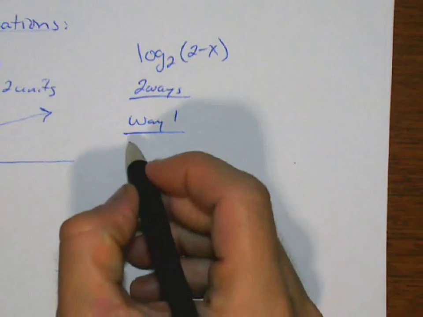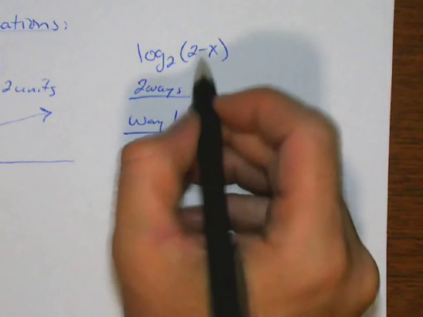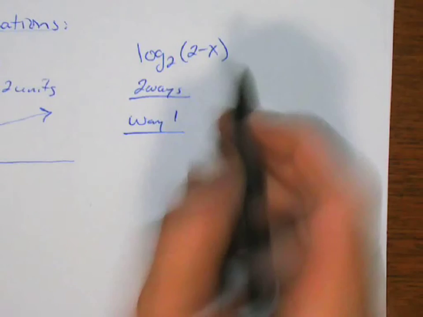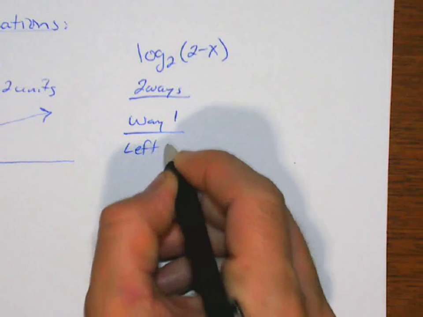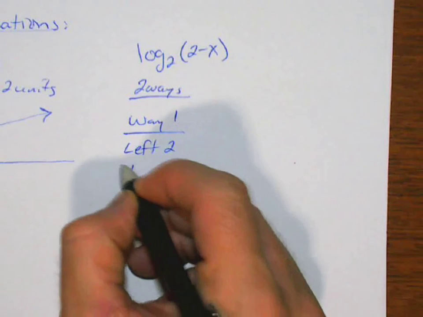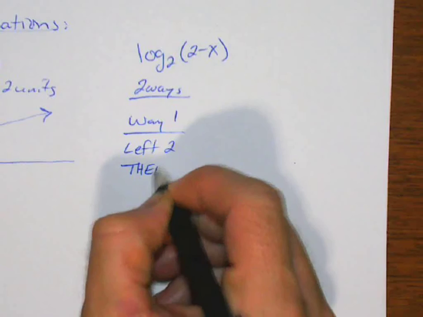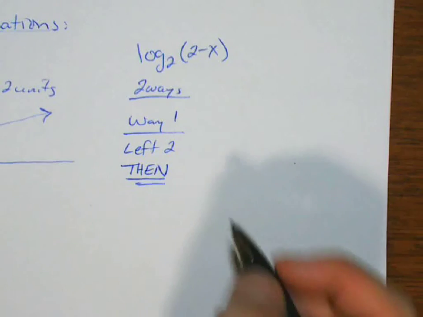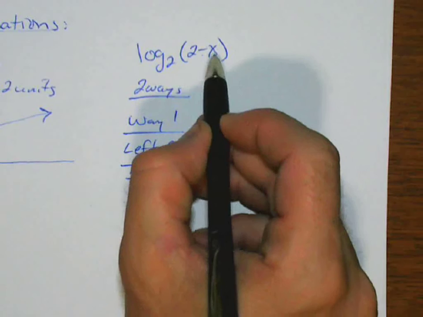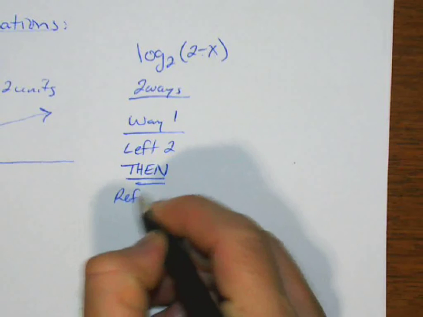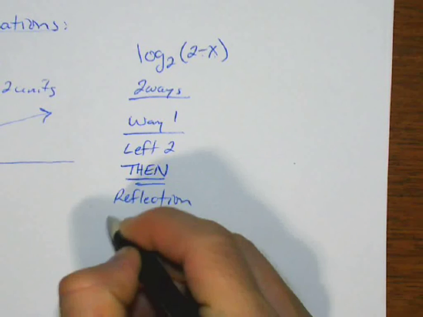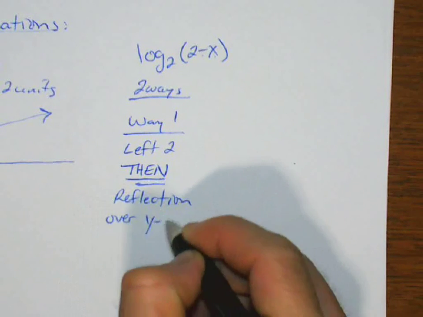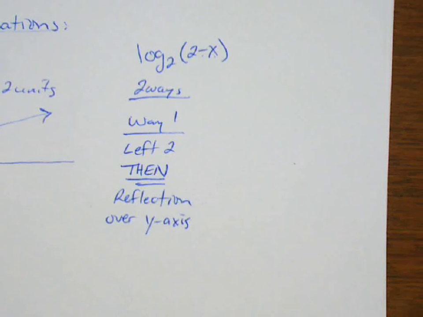The first way is saying, okay, this is a positive 2, which means I moved left 2 units. And then, the key word here, then, the negative x is actually a reflection over the y-axis. So that's way number one.